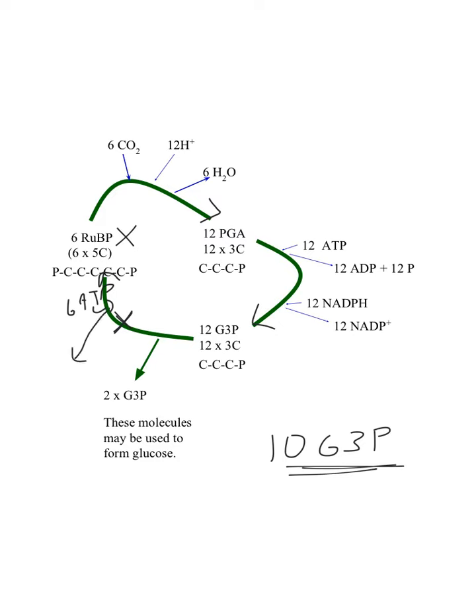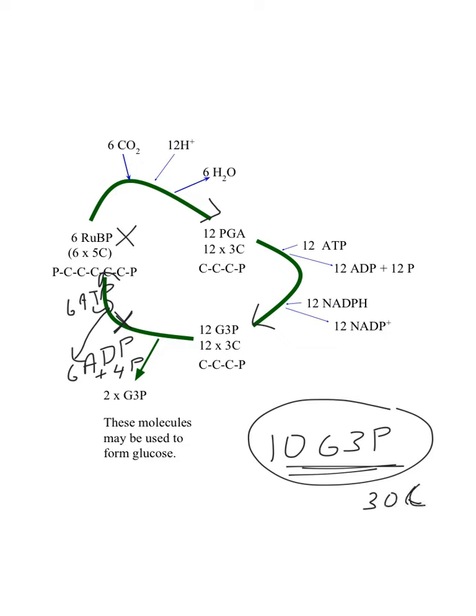What you end up with is 6 ADPs. But guess what? 2 of the phosphates get left behind, and you end up with 4 free phosphates. Why are the 2 phosphates left behind? Well, because over here, remember you had 30 carbons, and only 10 phosphates. But we needed 12 phosphates for our ribulose bisphosphate, so hence 2 phosphates left behind.